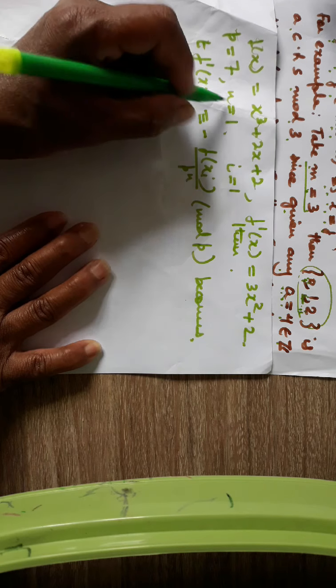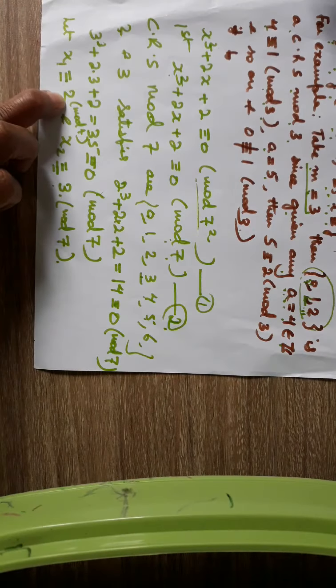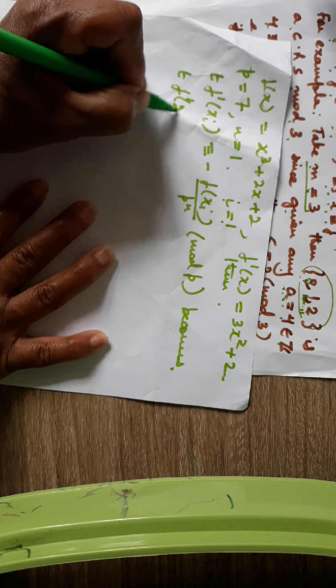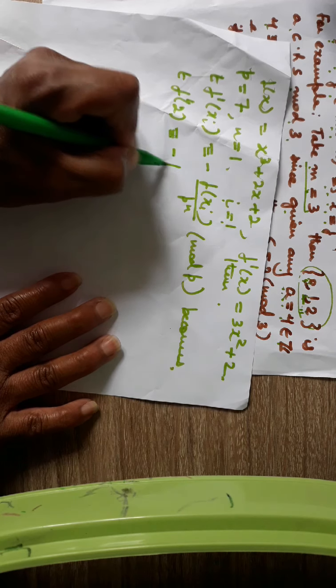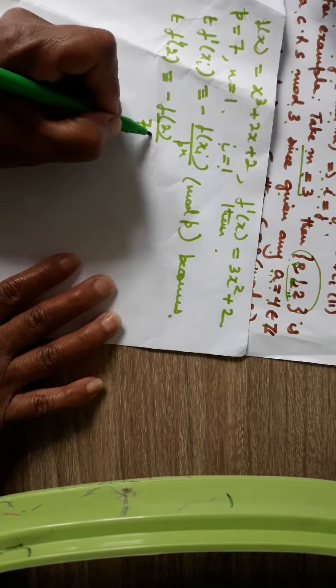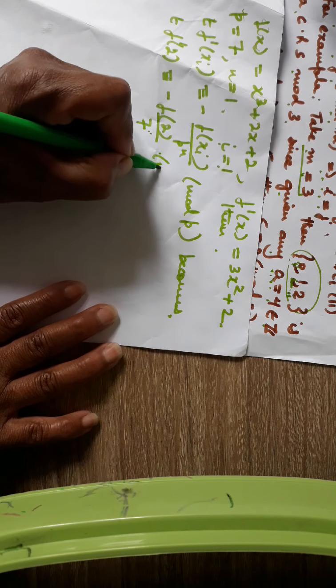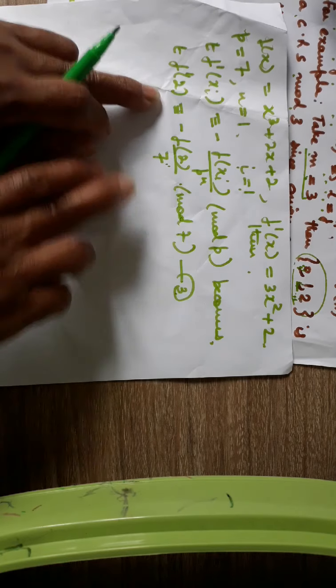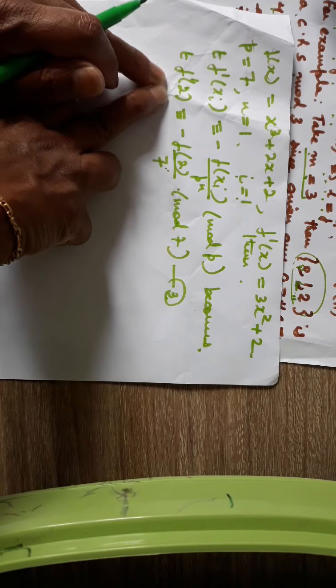Then this congruence becomes t into f prime. By letting i equal to 1, it means that you take x1 equal to 2. So we have f prime of 2 congruent to minus f of 2 divided by 7, because n is equal to 1, so 7 to the power 1, mod 7. This is equation 3. So from here, what is f prime of 2?